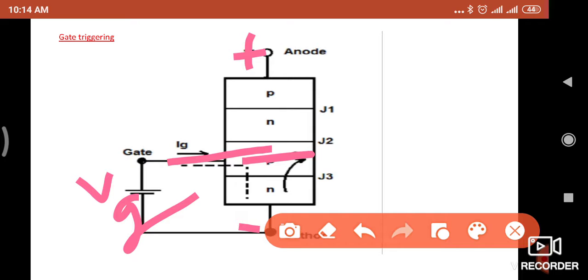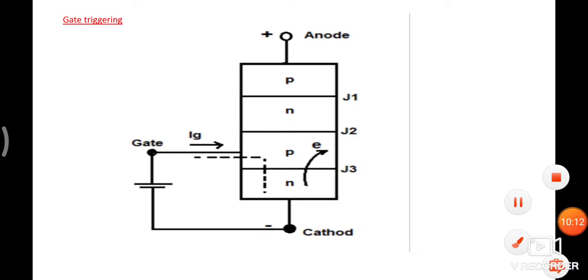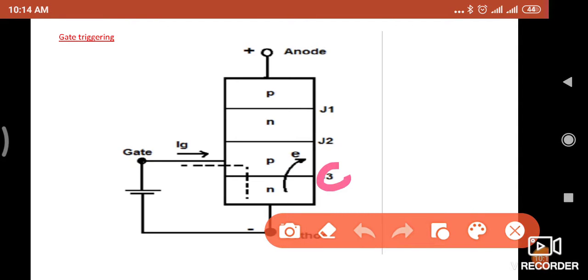Because of this voltage, J2 is also in forward conduction mode. J3 is in conduction mode, J1 is also in conduction mode, and after applying the gate pulse, J2 is also in conduction mode. So J2 in conduction mode means all three junctions are opened, and electrons move freely from one point to another.